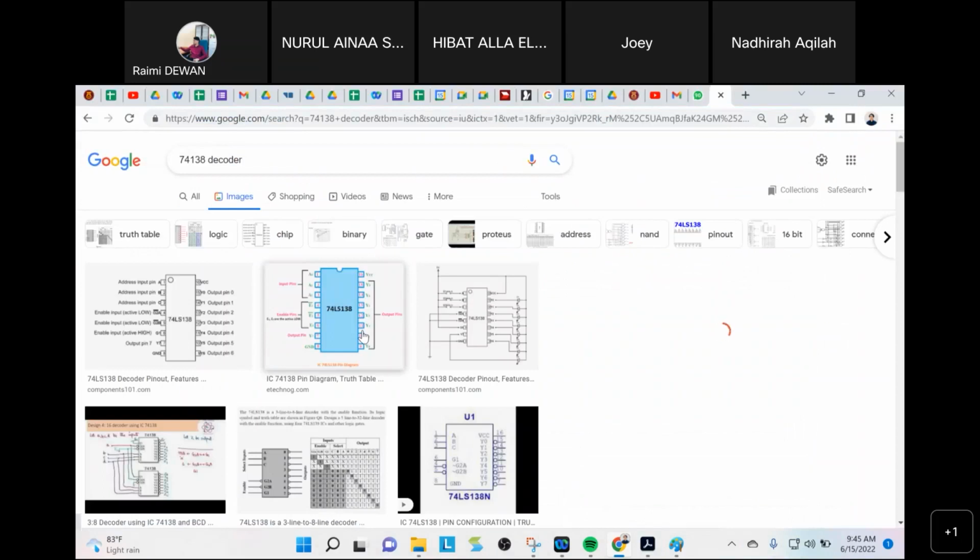Okay, you can see this is the 74138 decoder. So you can see you have your inputs A, B, C. Then you have your outputs 0 until 6 here. 0, 1, 2, 3, 4, 5, 6, and you have your VCC and ground and so on. So this one is 74LS138. I don't know about the internet. It seems slow, even to generate this. This is beyond my control. I'm not controlling the internet. I don't know why it's delayed like this.